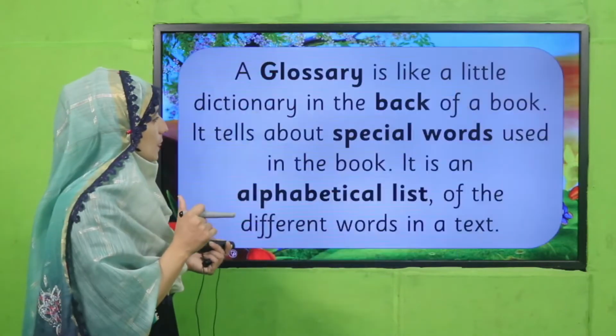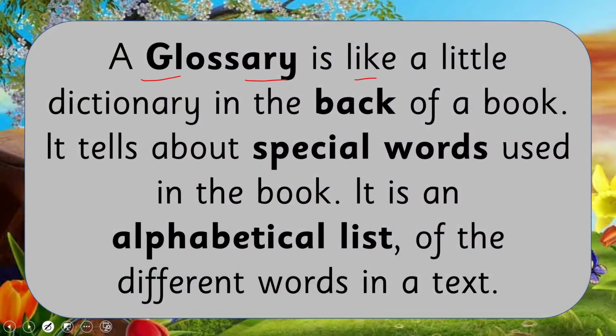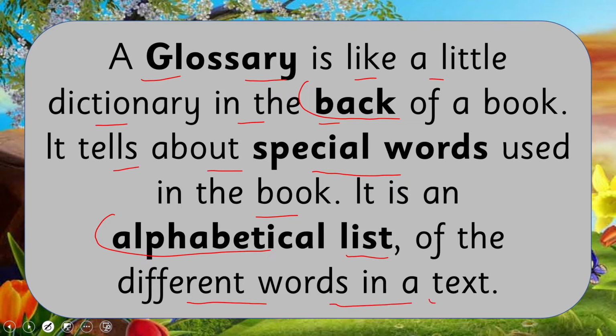Good. So see there, what is a glossary? Now we are going to see that a glossary is like a little dictionary in the back of a book. It tells us about special words used in the book. It is an alphabetical list of the different words in a text. You will always find the glossary at the back of your book, my dear students.